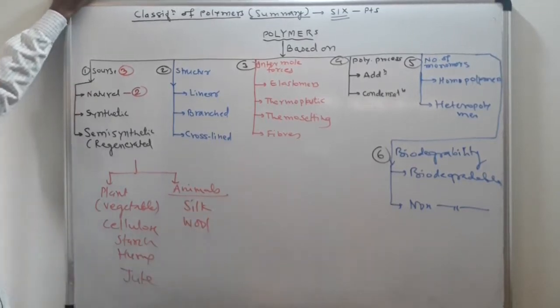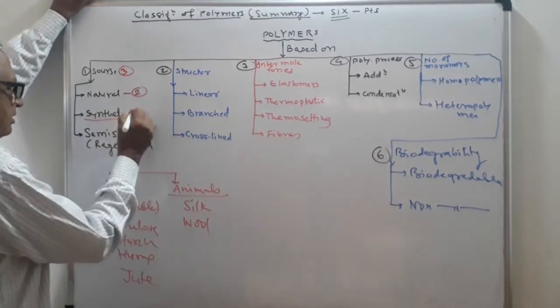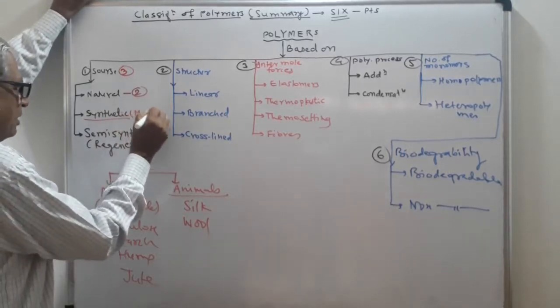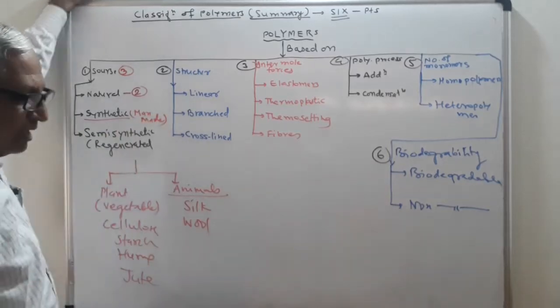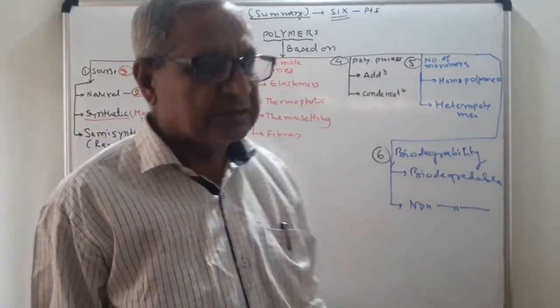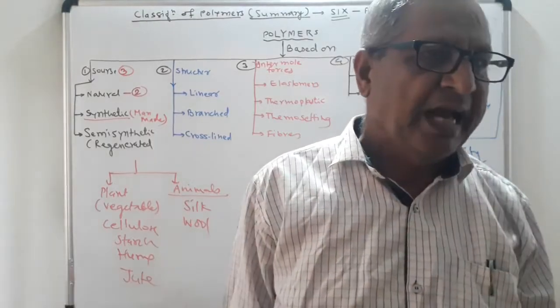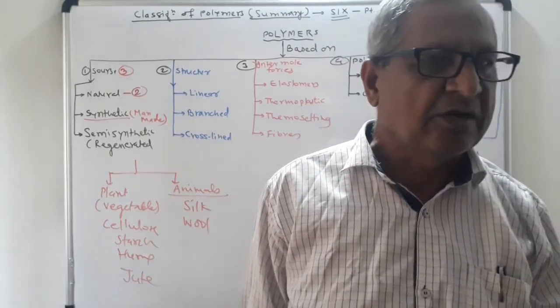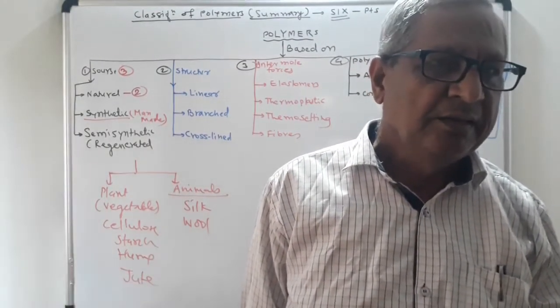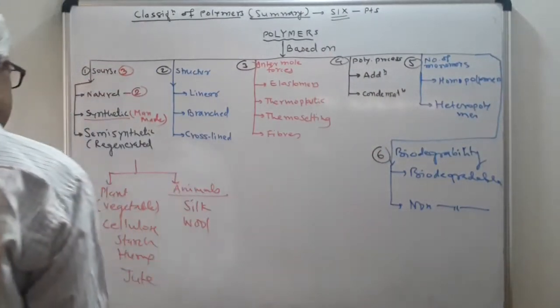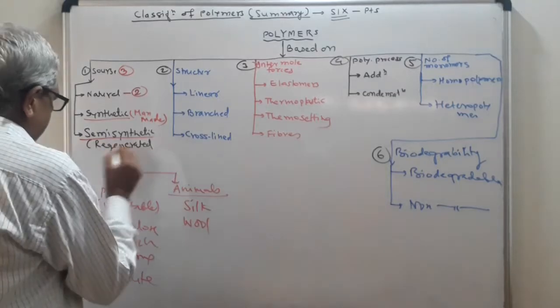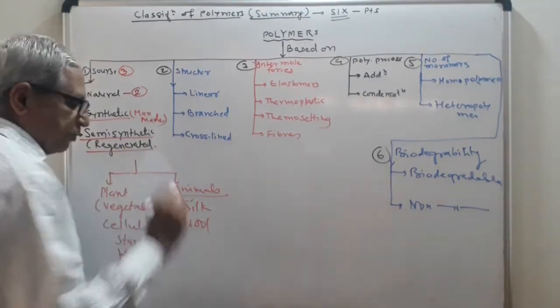Synthetic polymers are man-made polymers. See the examples of synthetic polymers: Nylon 6, Nylon 66, Terylene. Semi-synthetic polymers are also called regenerated polymers.